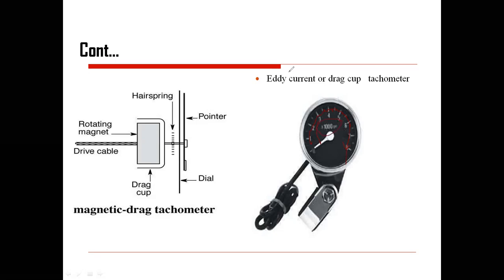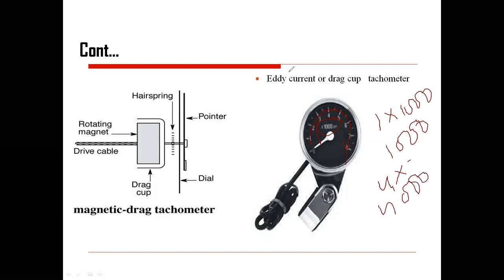This 1000 is the multiplying factor. Suppose 1 multiplied by 1000, so the output will be 1000 rpm. 4 multiplied by 1000, so the output will be 4000. So it has a multiplying factor.